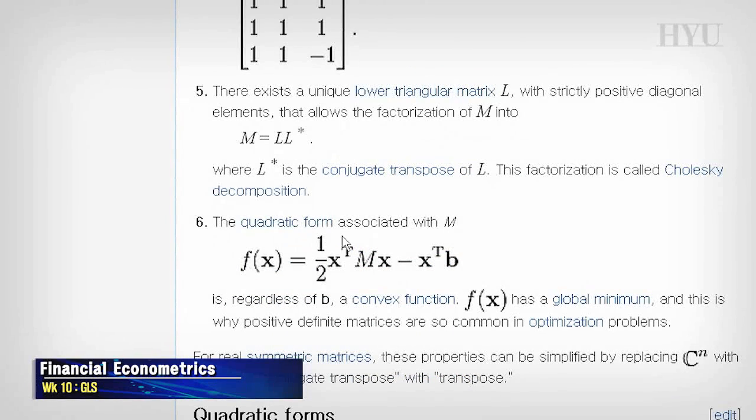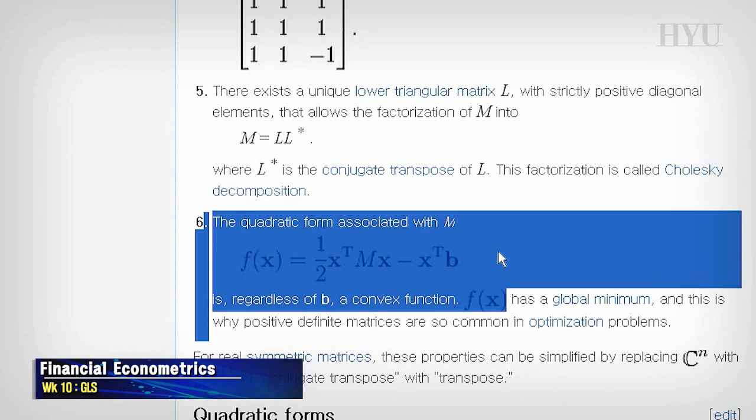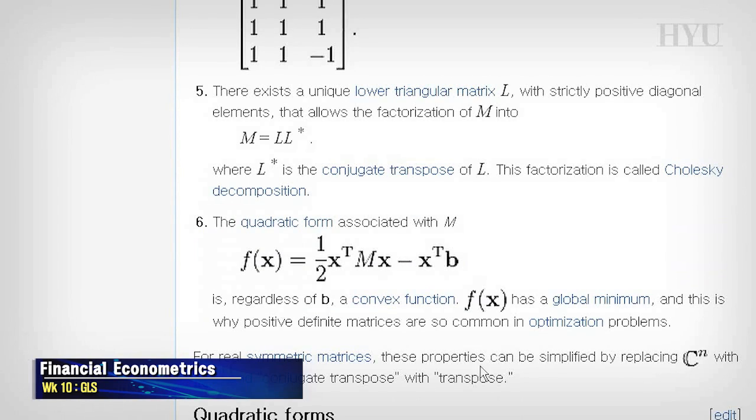The quadratic form associated with M is a convex function, and there's a global minimum. This characterization is very common in optimization, especially in finance mean variance optimization.